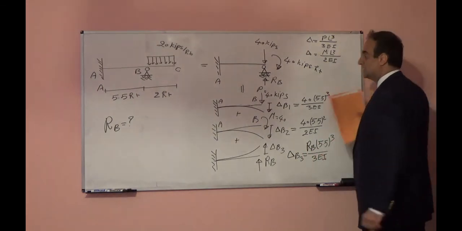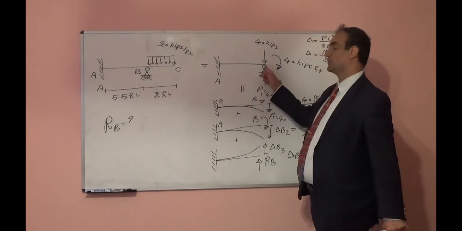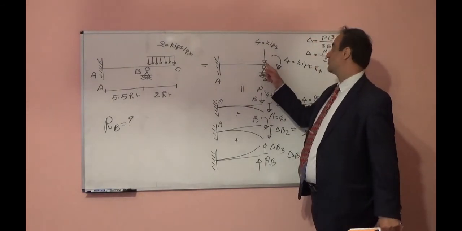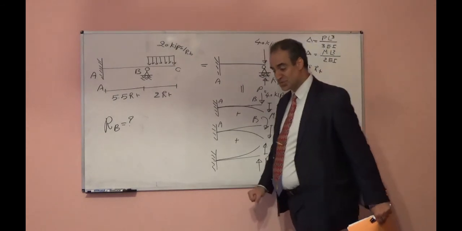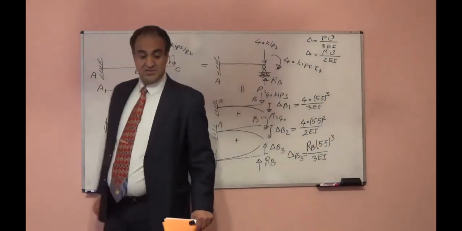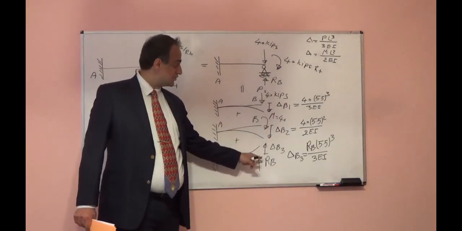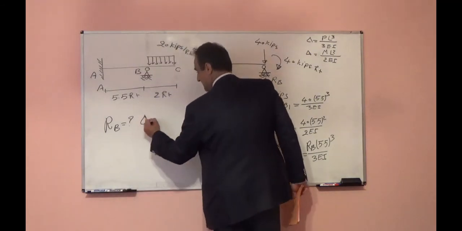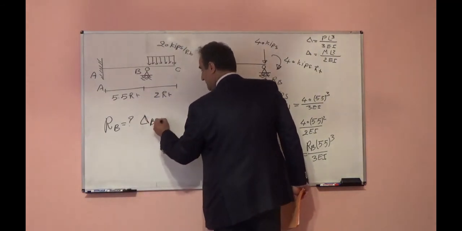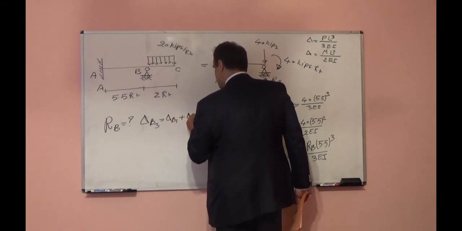In reality, if we come back to the real structure, what is the deformation here? It is 0. Point B will not move down or up because it is attached to the support. It means delta B1 plus delta B2 should be equal to delta B3. So delta B3 should be equal to delta B1 plus delta B2.